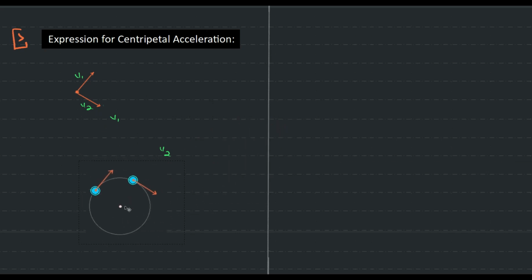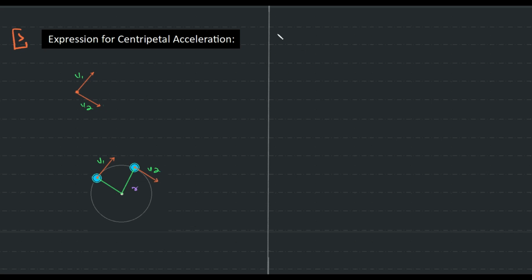It's a bit congested. What we're looking at is v1 and v2. Say this is moving in a circular path of radius r.